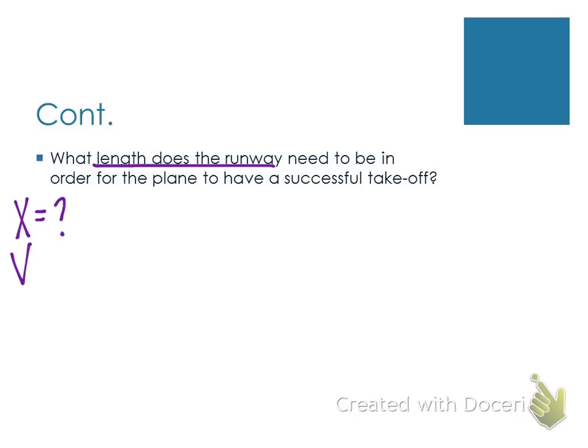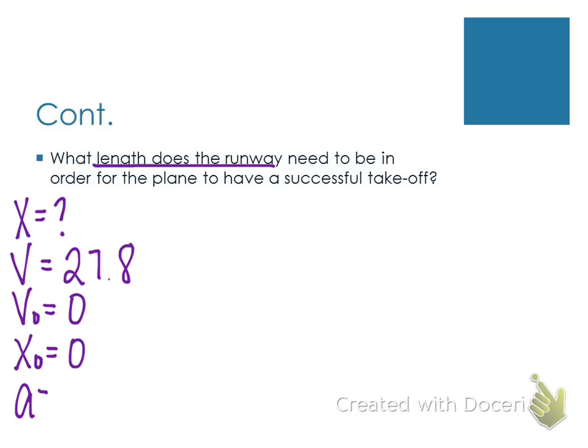What does that mean this time our final velocity will be? 27.8, very good. Our initial velocity would still be 0. Our initial position would still remain 0. And our acceleration would remain the same at 2.00 meters per second squared.